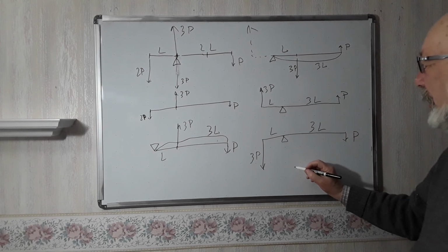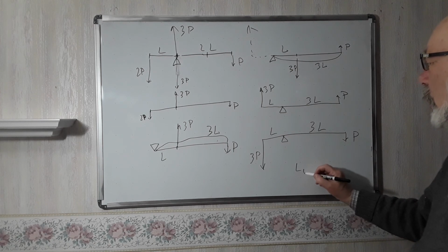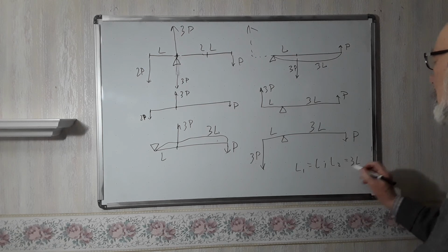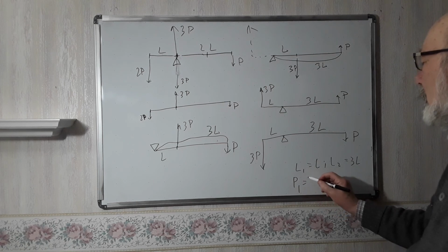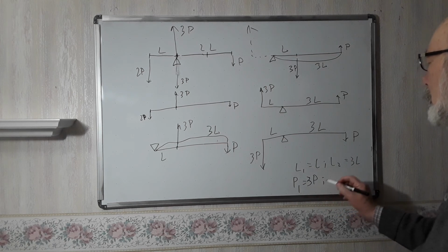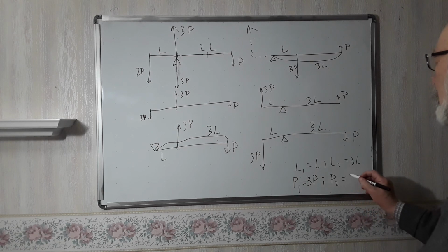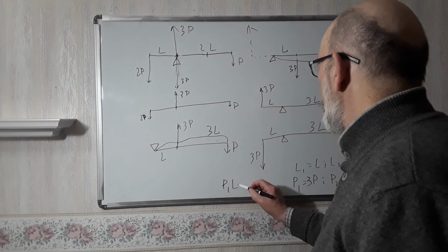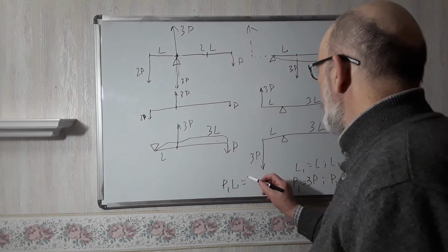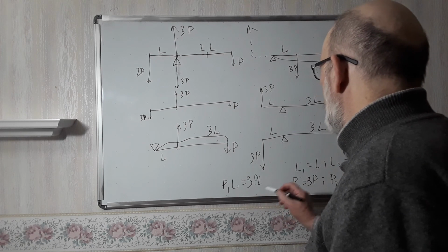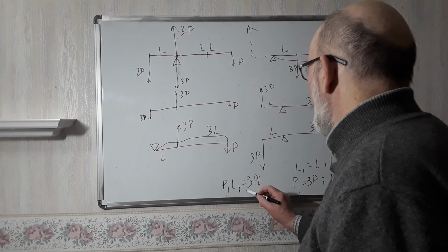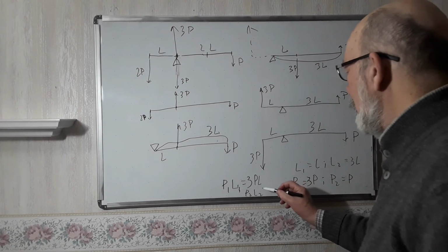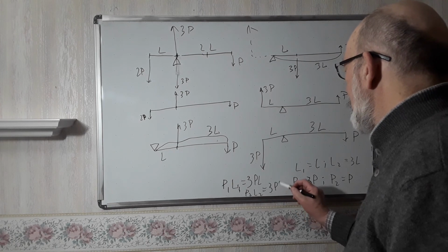Again you have L1 equals L, L2 equals 3L, P1 equals 3P, P2 equals P, and then P1 L1 equals 3PL, and P2 L2 equals again 3PL.